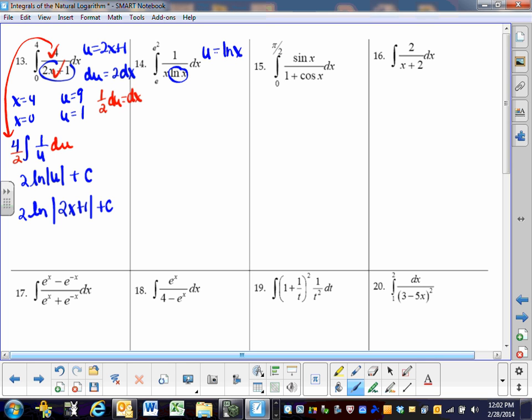So I've done these two pieces, and I now have to do dx. So 1/2 of the du is dx. So I put half in du. So we have 2, the antiderivative of 1 over u is natural log of u, absolute value, plus c. So 2 natural log absolute value of 2x plus 1, plus c.